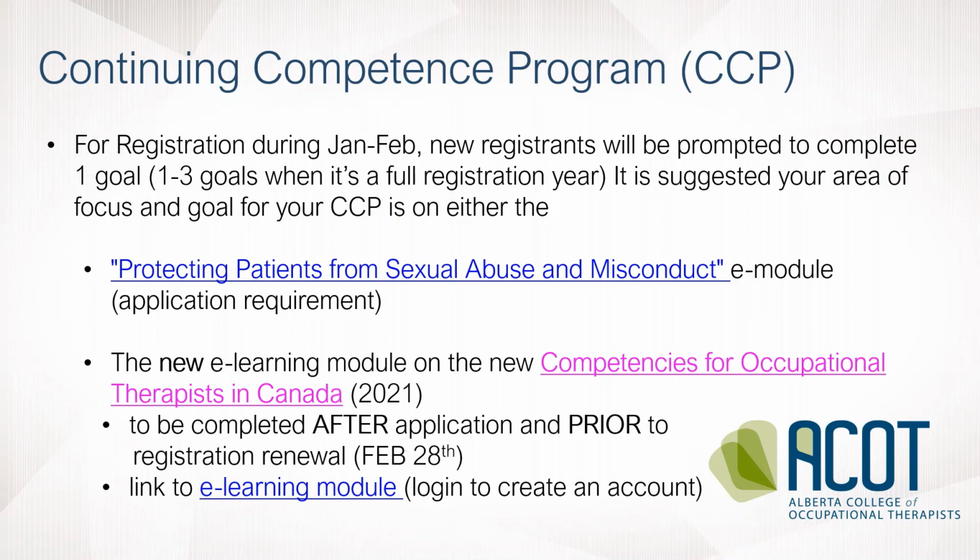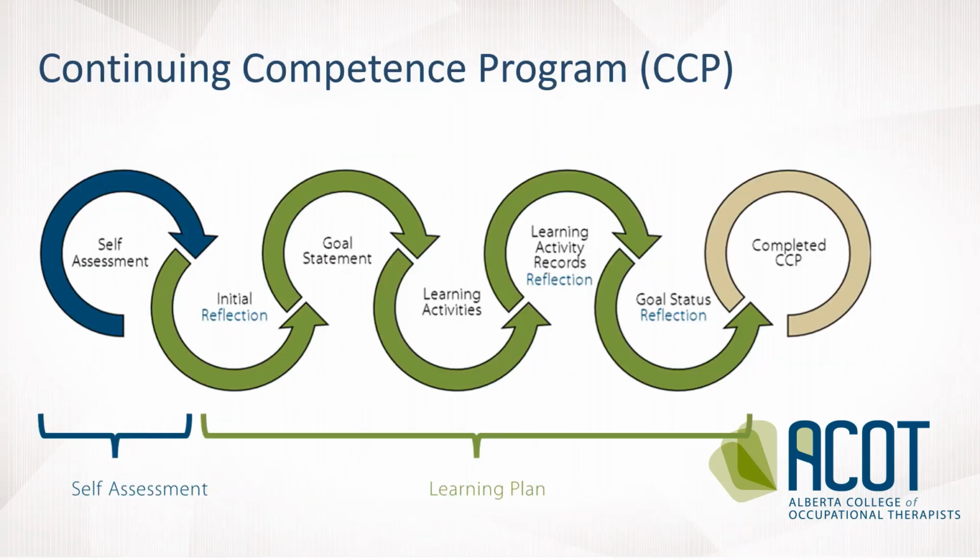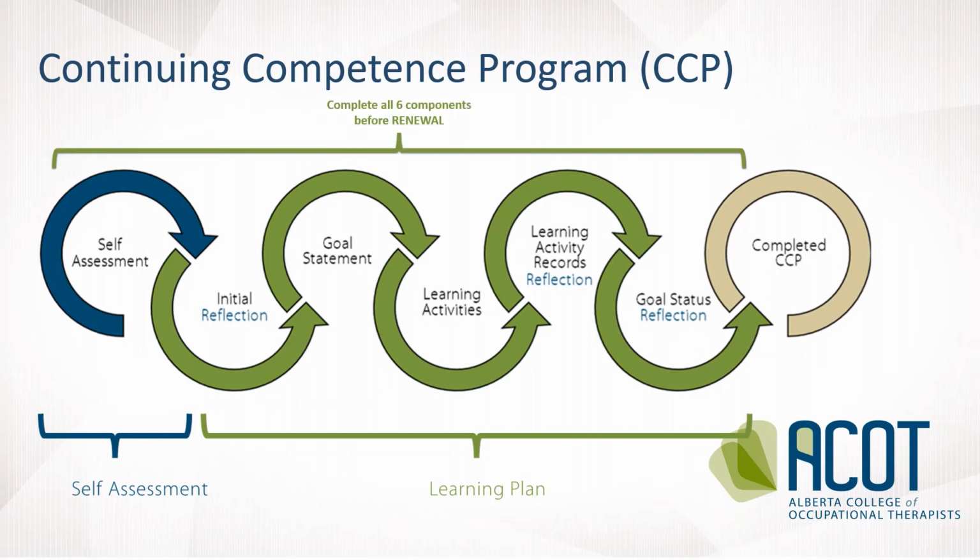This illustration helps clarify what you need to do for the continuing competence program. Let's say that you have registered in January or February of this year. You will need to complete all 6 components before the renewal, that is to say, March 1st.